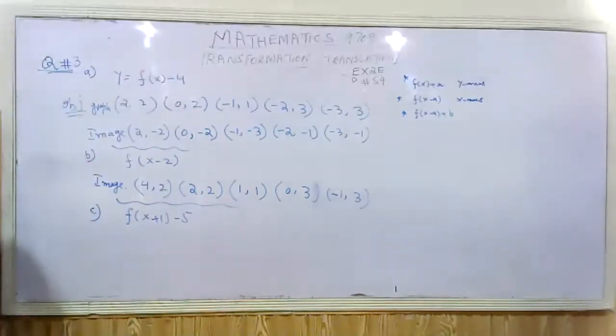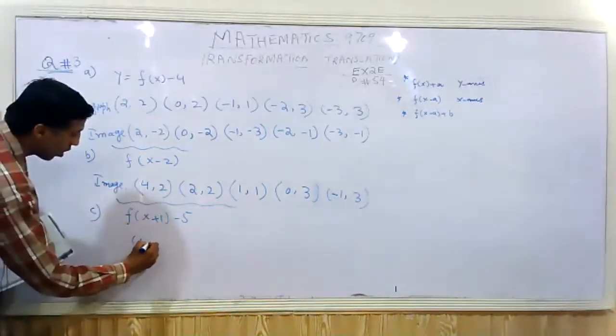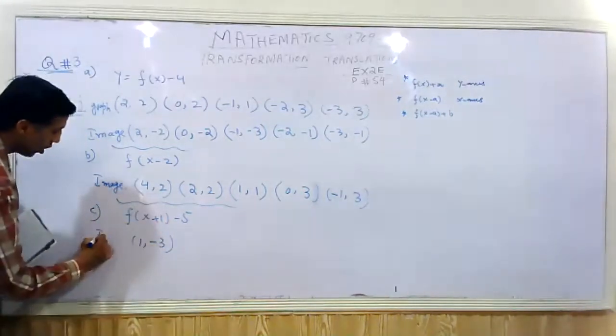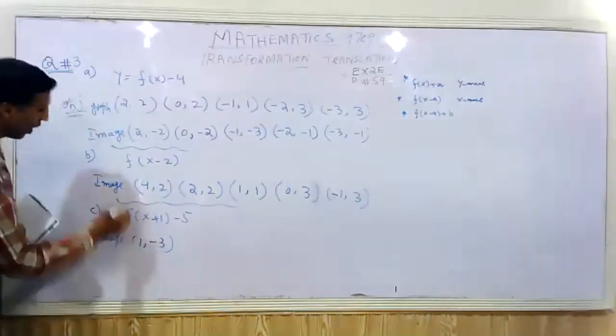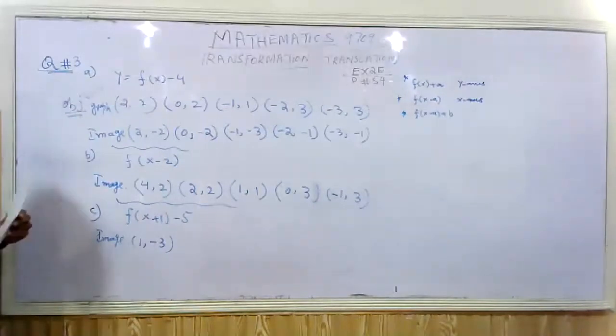The resulting image you will find is (1, -3), the image. The object in all the 3 cases will be the same. The object is the same.